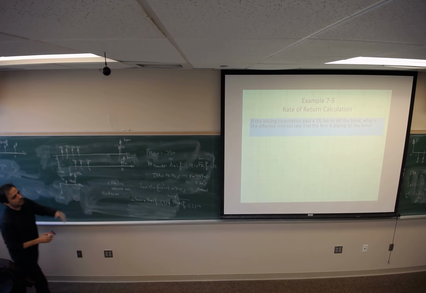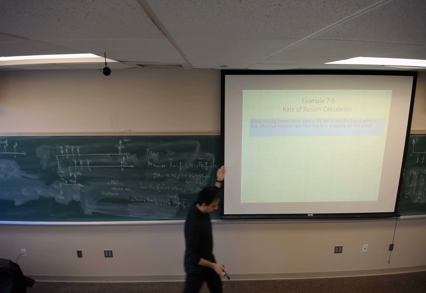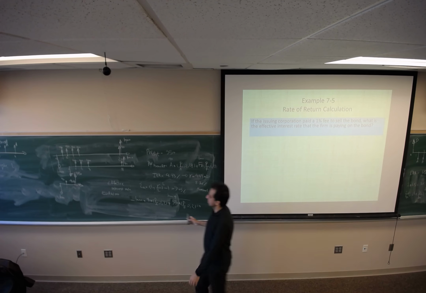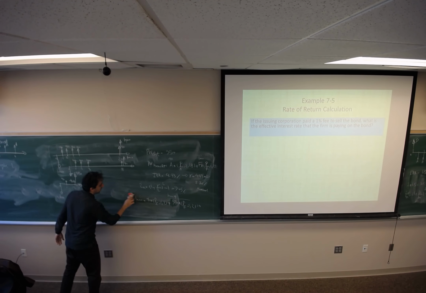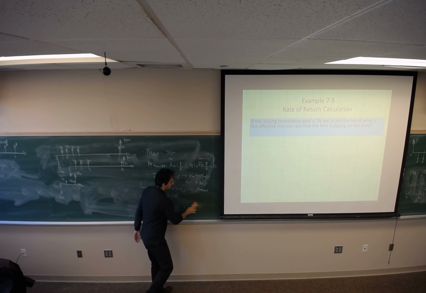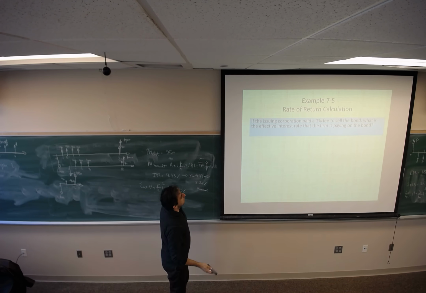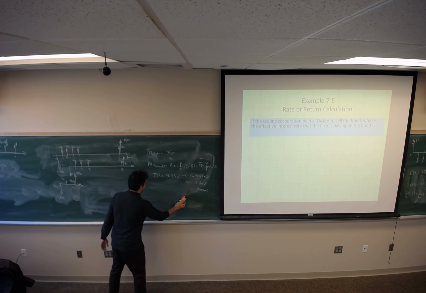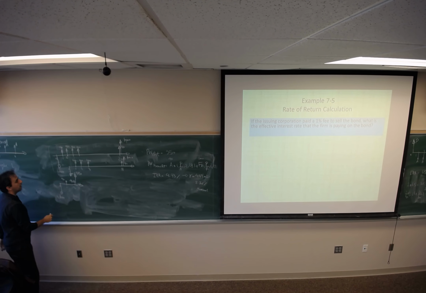We can look at the corporation who issued the bond. If the issuing corporation paid a 1% fee to sell the bond, what would be the interest rate, the IRR, that the company has paid?